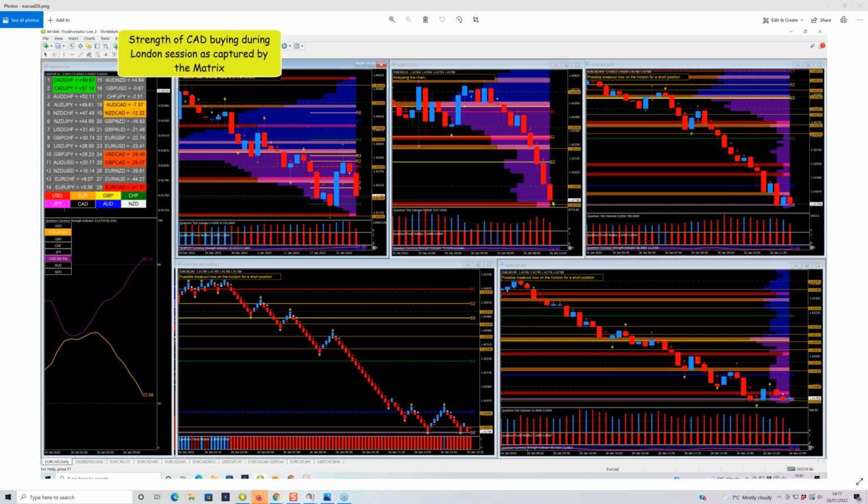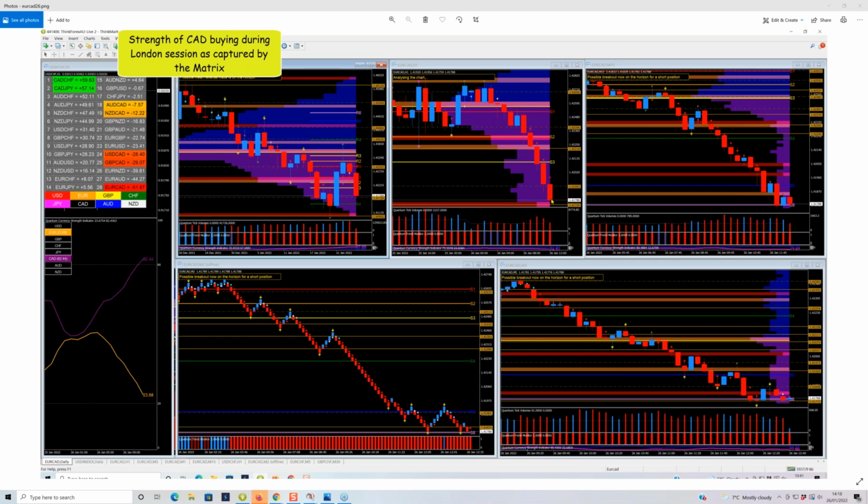Another way of deciding whether there's enough left in this new move to make it a viable trading opportunity is, yes, to look for those reversals, look for those pullbacks, look for those secondary trends, and use volume price analysis to determine whether it's just a pullback or the start of a deeper correction.